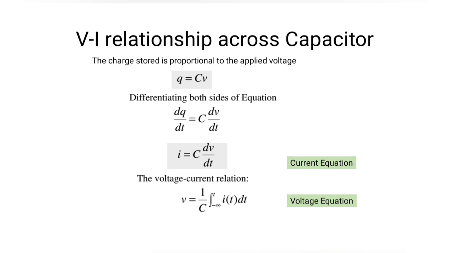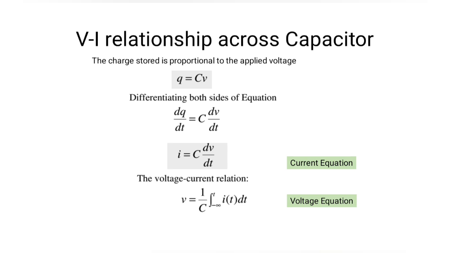And again, the VI relationship across the capacitor we are discussing. First of all, let us consider the charge stored Q. That equation is Q is equal to C into V. It is actually Q proportional to V. To remove that proportionality, we introduce a constant called C, capacitance. On differentiating both sides of the equation, we get dq by dt is equal to C into dV by dt.